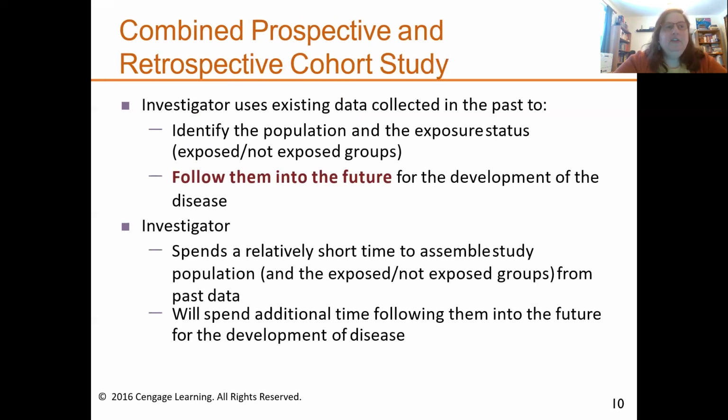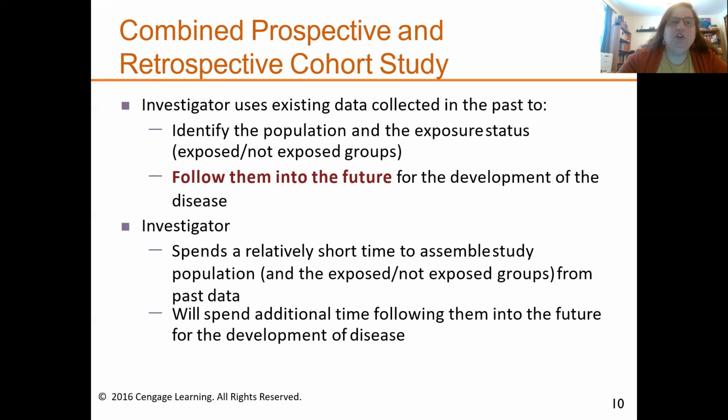Okay. Now, there is something called a combined prospective and retrospective cohort study. In this case, the investigator uses existing data collected in the past to identify the population and the exposure status, but then follows them into the future for the development of the disease. So you don't have to start them all the way back from the beginning.